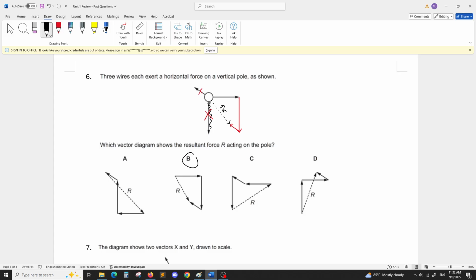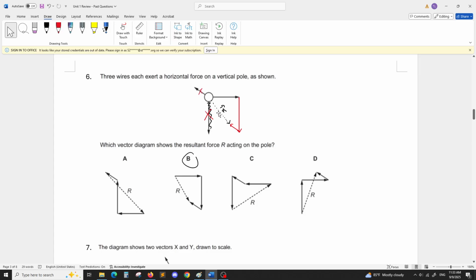And then we'll just check the others just to make sure we're not crazy. So a simple sanity check is that these two vectors on the side are much greater than this vector.